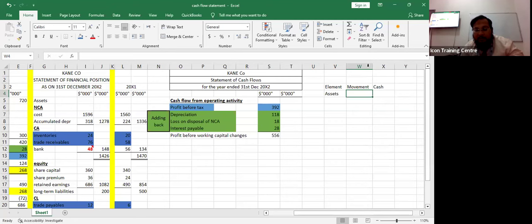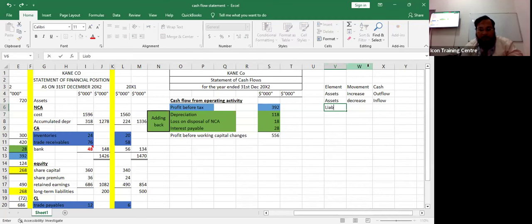Please pay attention. When your asset movement means increase, it is treated as outflow. When your asset decreases, it will be inflow, cash into the business.